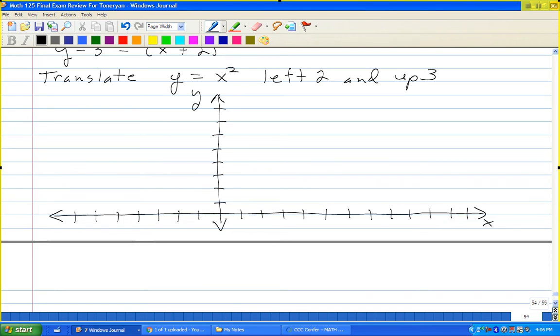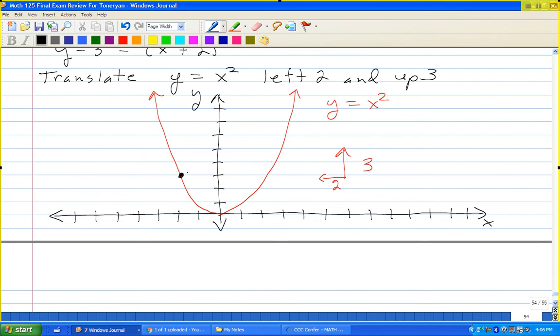And so let me sketch the graph of y equals x squared. So it should look something like this. So this is a graph of y equals x squared. And I want to move this up 3 and to the left 2. Okay, so I'm going to be moving this point 1, 2 to the left and 1, 2, 3 up.